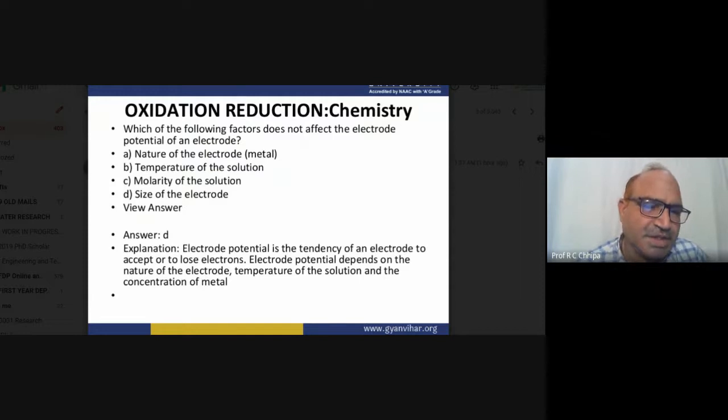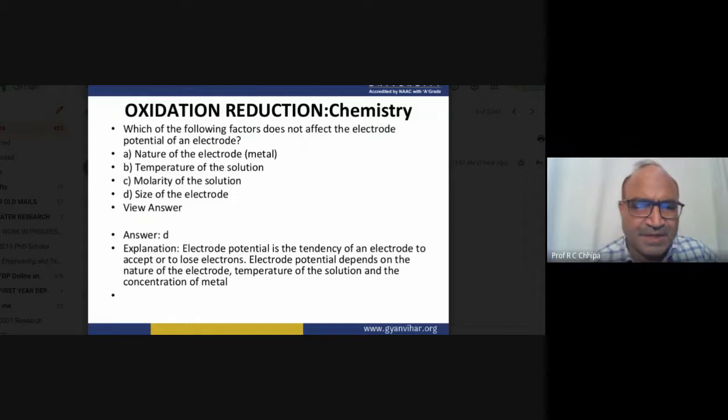The correct answer is the size of the electrode. First of all, the nature of the electrode affects it, the temperature variation, the molarity, but the size of the electrode does not. This will be the correct answer.